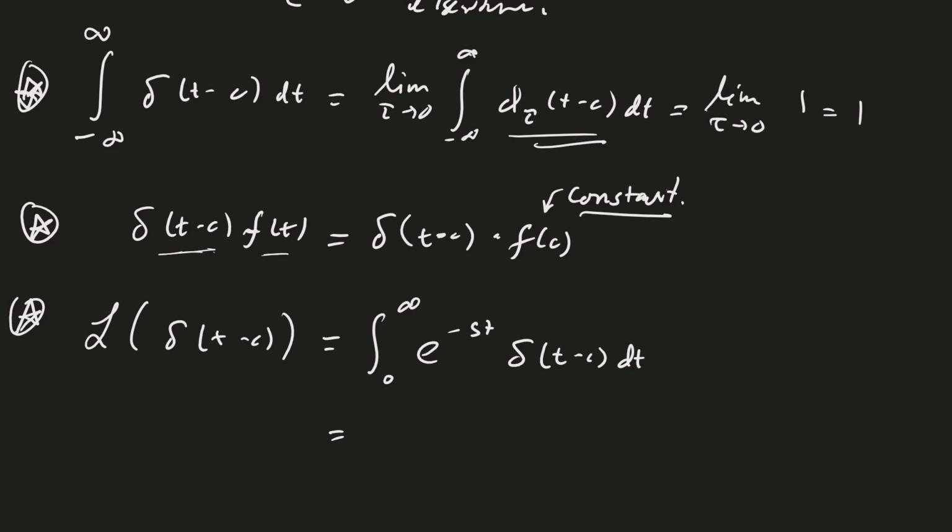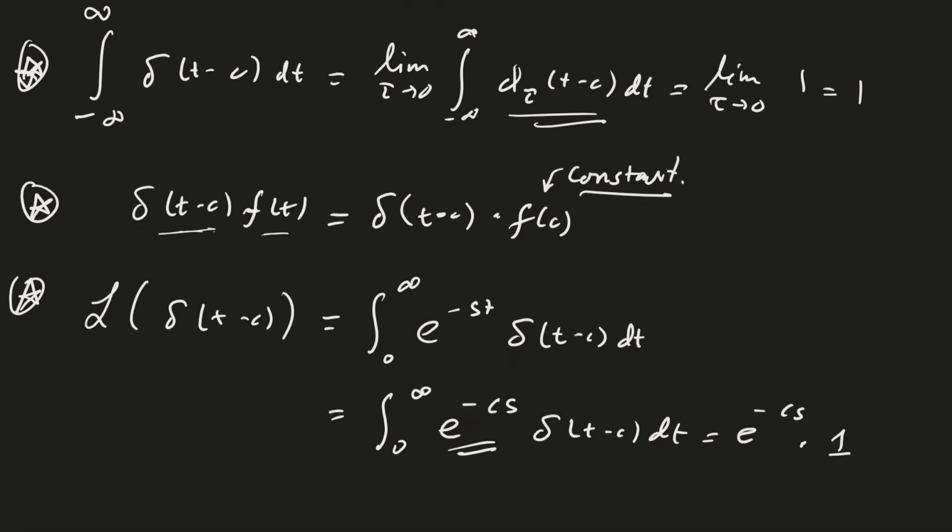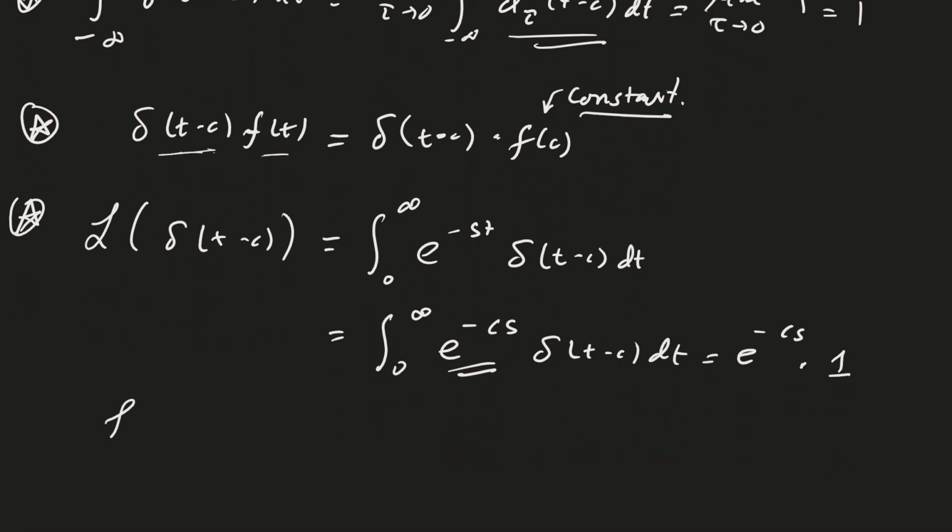That's the same thing as taking the integral from 0 to infinity of e to the minus cs times the Dirac delta of t minus c dt, and this is now a constant that I can just pull out. And then what's the integral of the Dirac delta function? That's equal to 1. So therefore, we have the Laplace transform of the Dirac delta function is equal to just e to the minus cs. Good. All right.